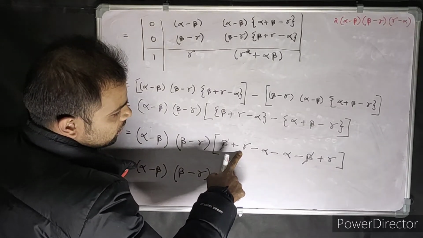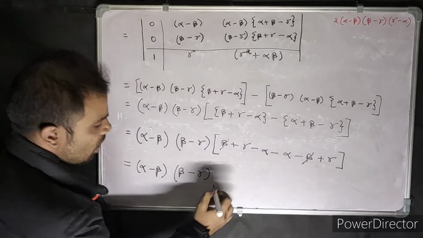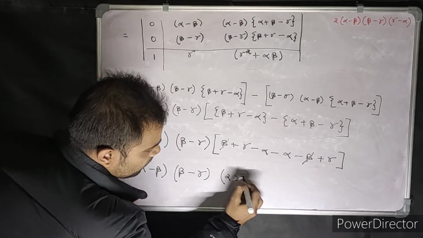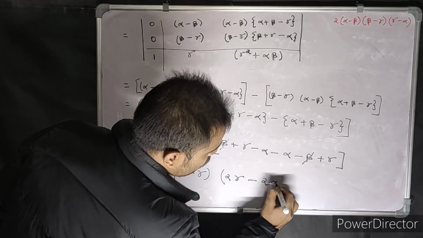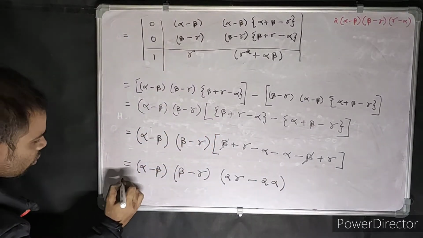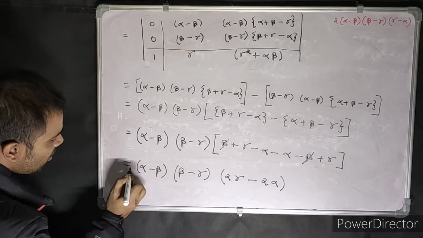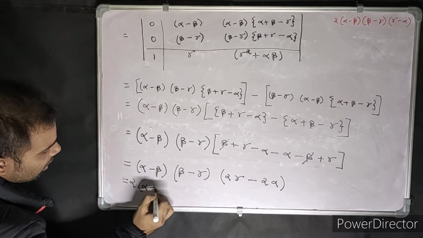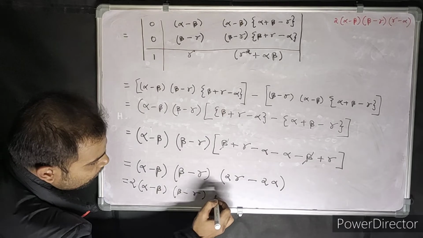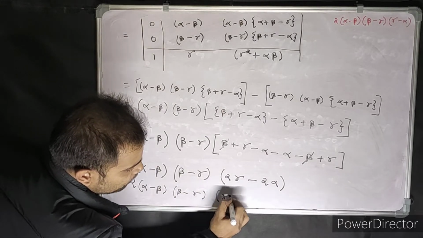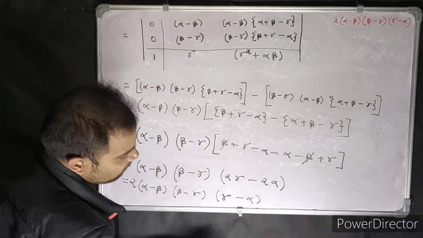Look over here, gamma plus gamma is 2 gamma, okay, minus alpha and minus alpha is minus 2 alpha, right? So the next step is take out the 2 common, write it right in front of here, alpha minus beta, beta minus gamma, and gamma minus alpha.